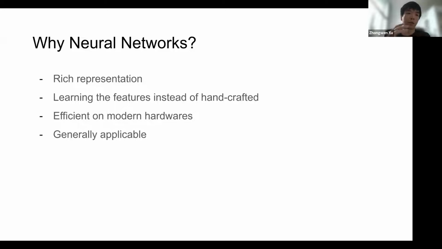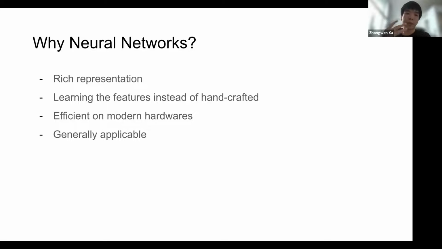However, from this paper and so on, people all switched to using neural networks, because learning the features by pure gradient descent is much better than relying on human heuristics to handcraft the features. And neural networks are really efficient on modern hardware, including GPUs and TPUs, and using them as a representation of the agent, they can be really generally applicable.